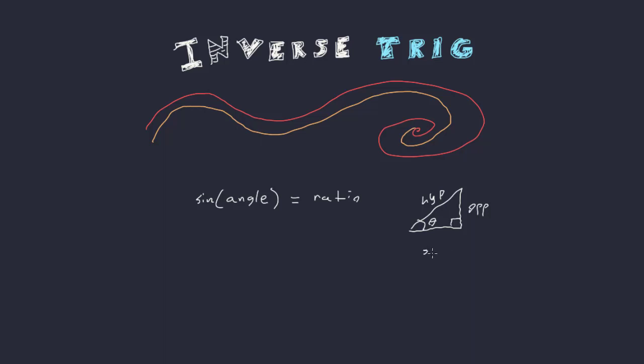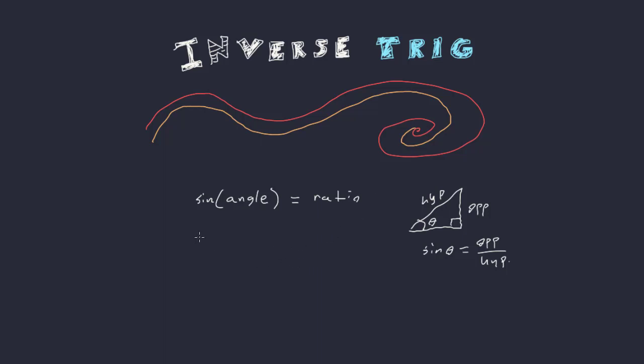So sine of theta would be opposite over hypotenuse. That's our ratio. We give sine an angle, it gives us some ratio of a triangle.